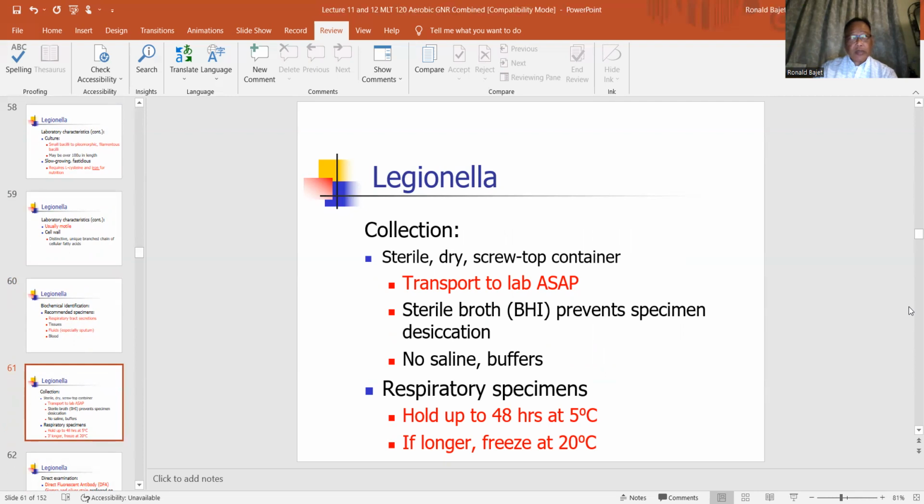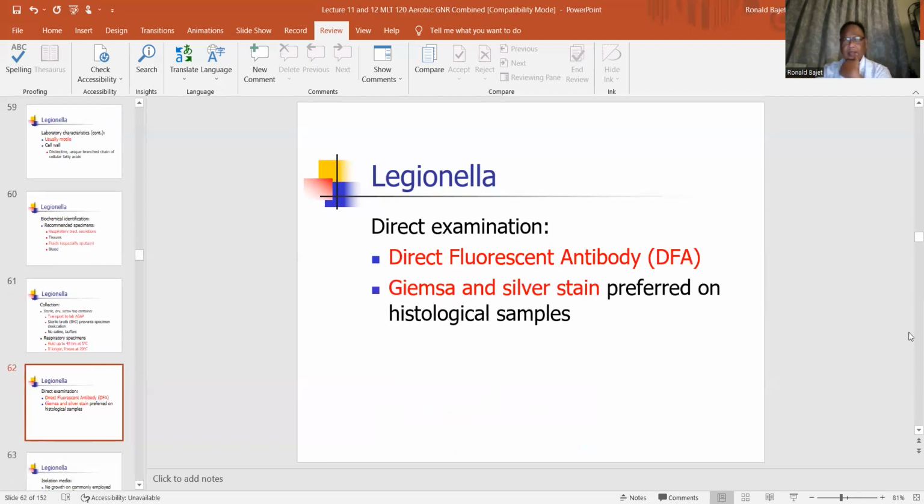If you can't culture it, then you can hold it up to 48 hours at refrigerated temperatures. If longer, then you freeze it at minus 20 degrees centigrade. Because it's difficult to see, you can use direct fluorescent antibody, DFA, or special stains like Giemsa or the silver stain.